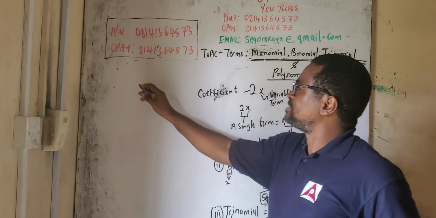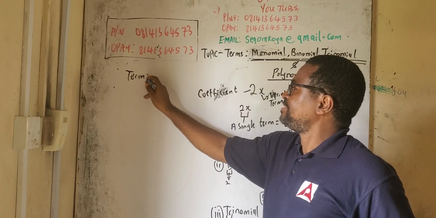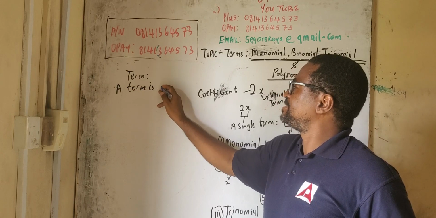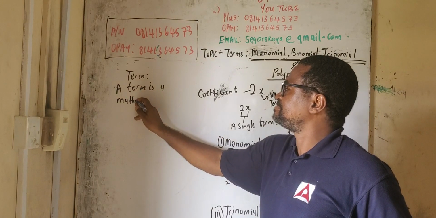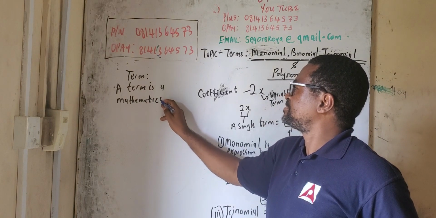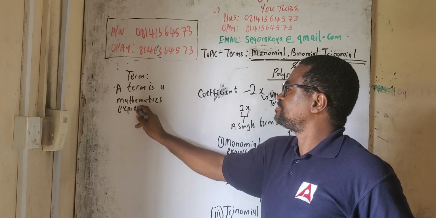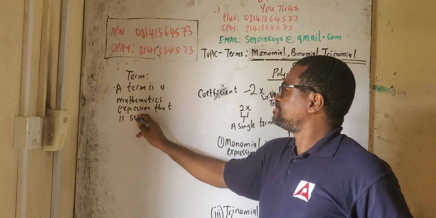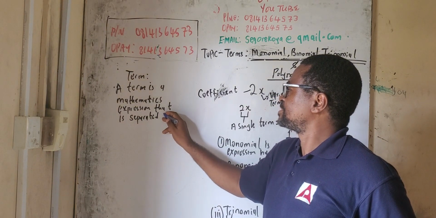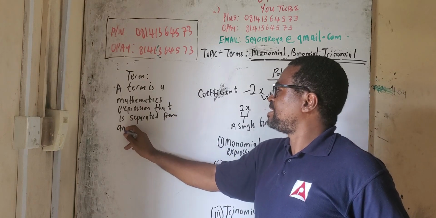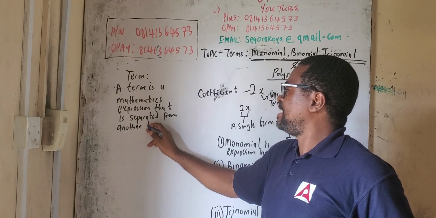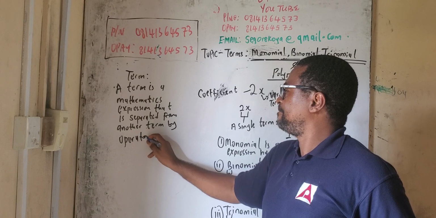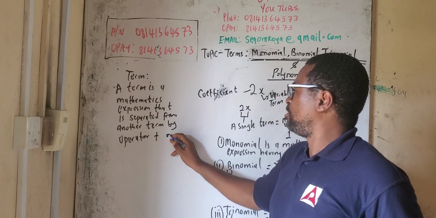Now, this brings us to the idea of term. A term is a mathematics expression that is separated from another term by operator plus or minus.